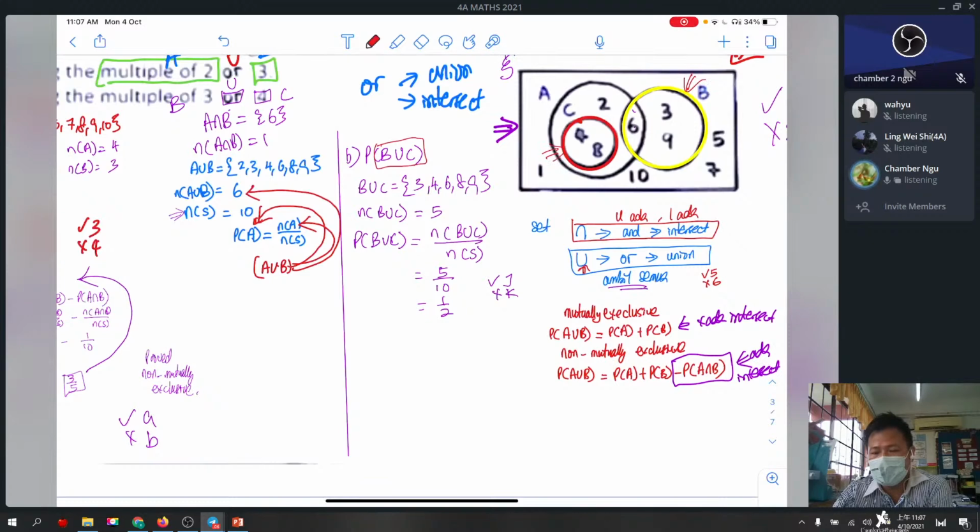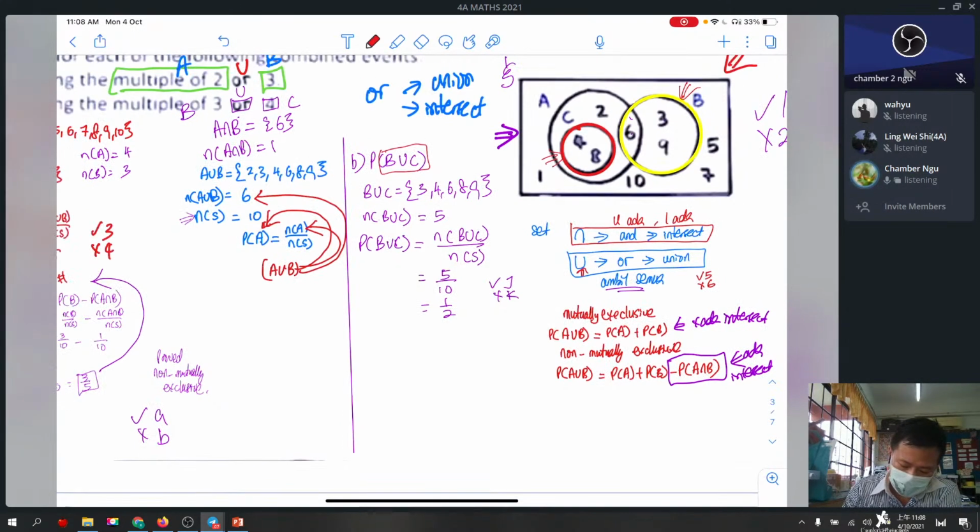Do these two sets intersect or not? Do they share any common element?